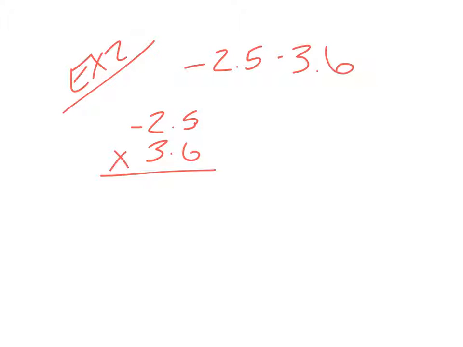So 6 times 5 is 30, carry the 3. 6 times 2 is 12, 15. So I'm done with that. Put a 0. 3 times 5 is 15, carry the 1. 3 times 2 is 6 plus 1, 7.